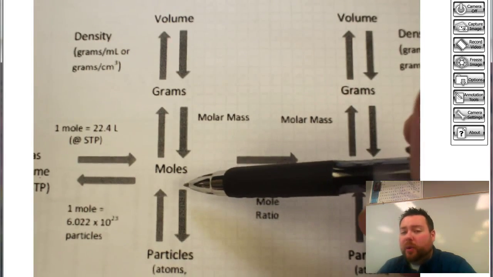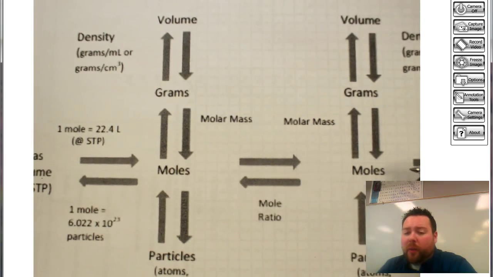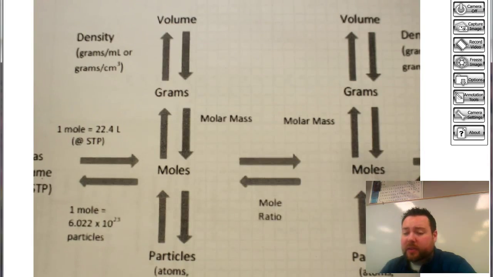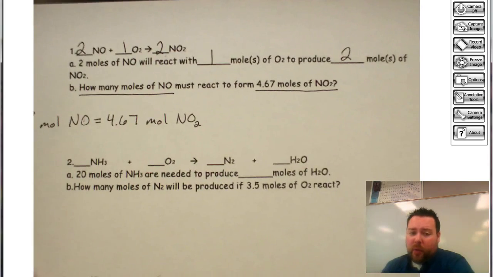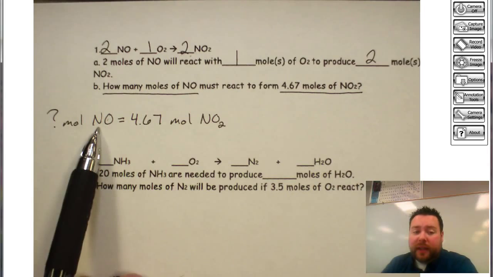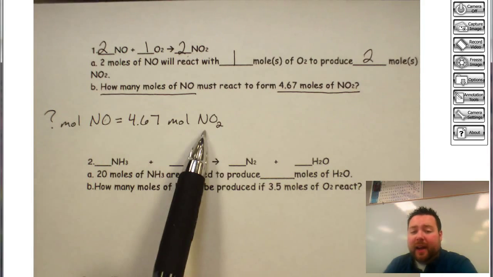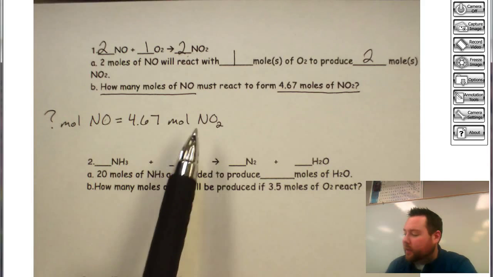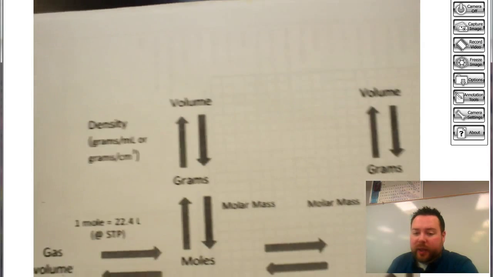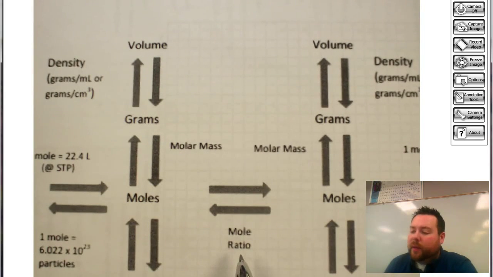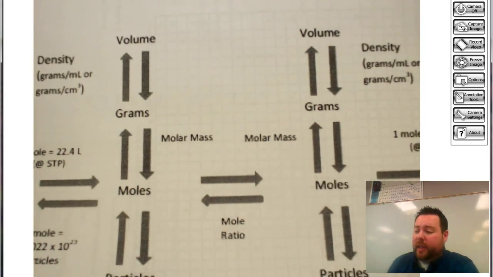When we're converting between moles and moles, this is moles of one substance and moles of another substance, just like we have in this problem. We want to go from moles of nitrogen monoxide, one substance, and convert that into moles of nitrogen dioxide, a different substance. So we're going to use the mole ratio, and that mole ratio is just found in our problem.